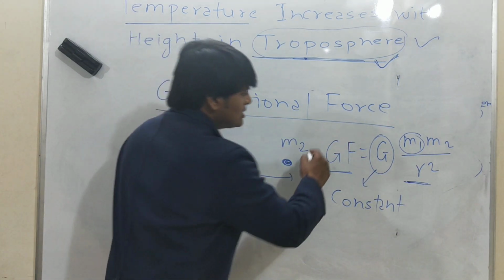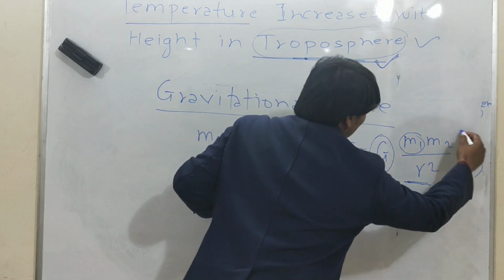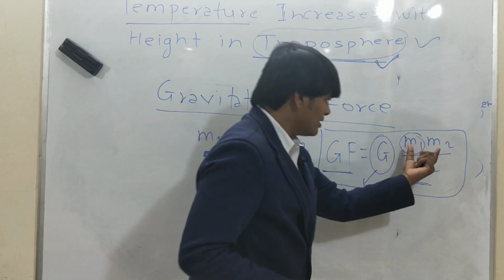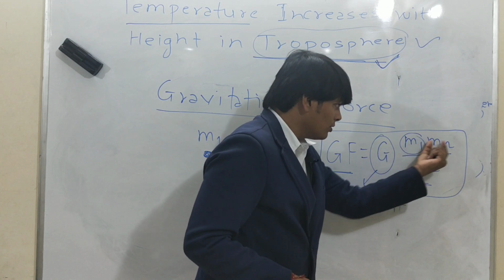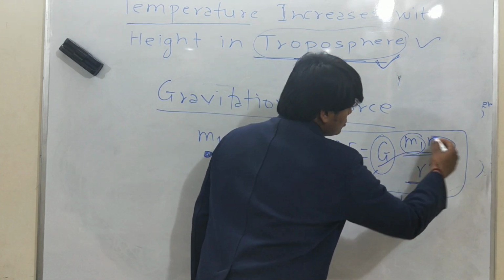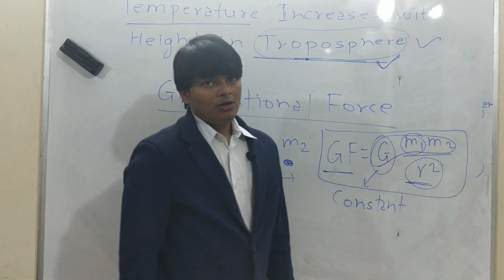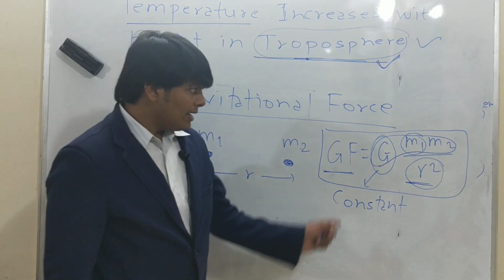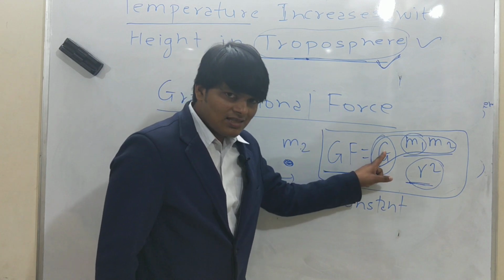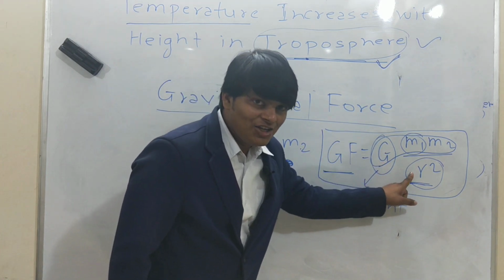If we think like a simple math calculation, the masses belong to the numerator and r square belongs to the denominator. Say yes or no.